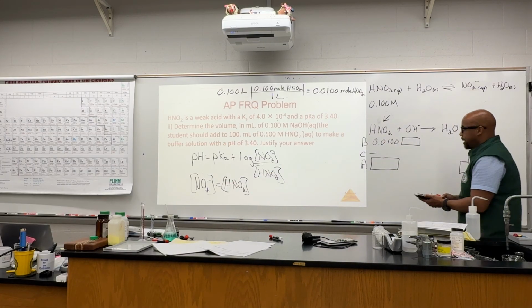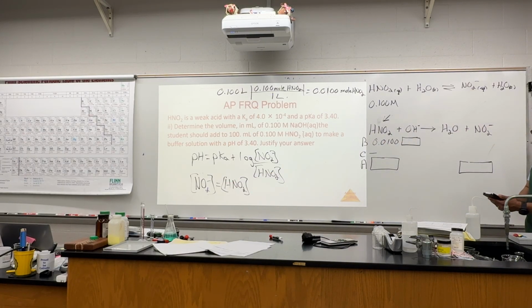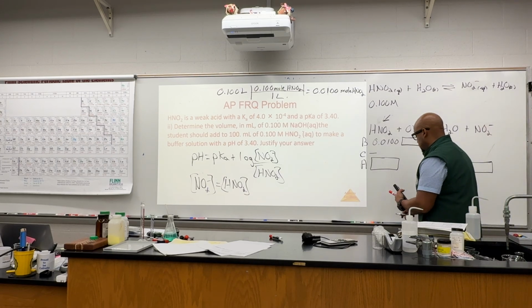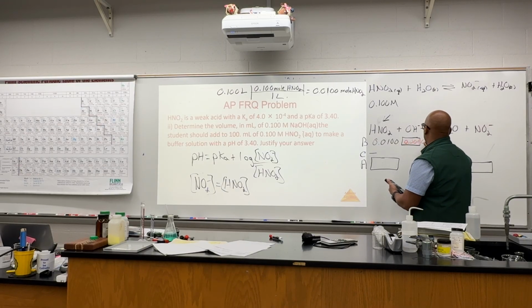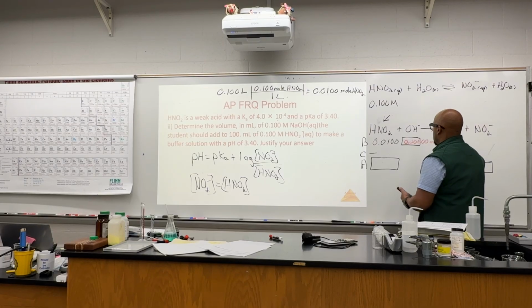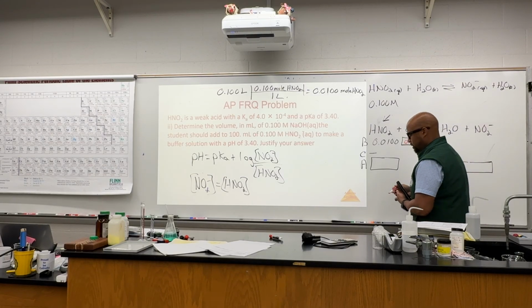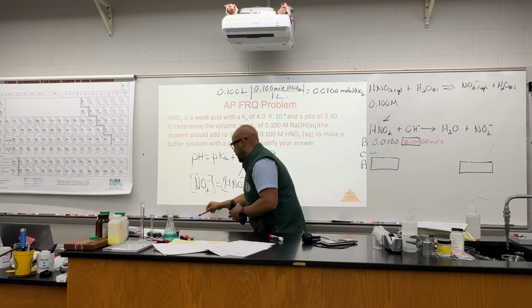So if I look at it, I'm going to say, okay, let's see, we got 0.01 divided by 2. That means I need to go in here with 0.00500 moles. And of course, when I subtract that now, it's a terrible red.